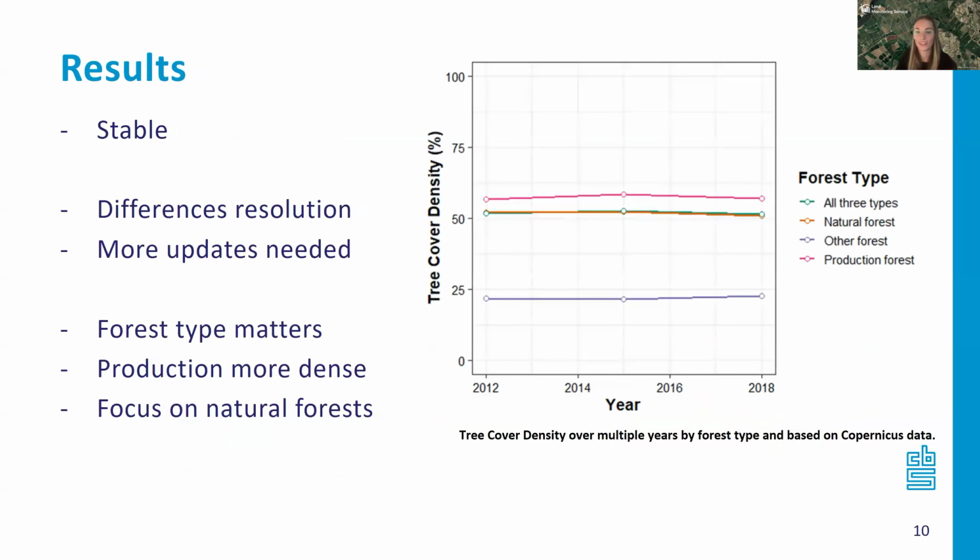Yeah, so then what can we actually see from the results? Well, we can see that over time, tree cover density is quite stable. You could maybe argue that there is a slight increase between 2012 and 2015, but then in 2018, the tree cover density actually goes down again.